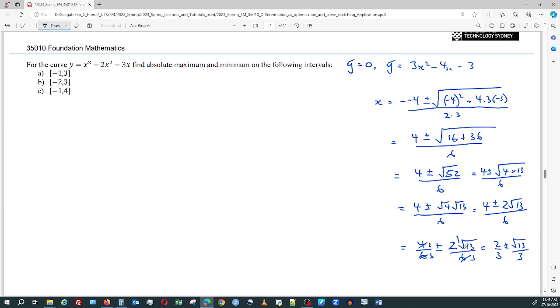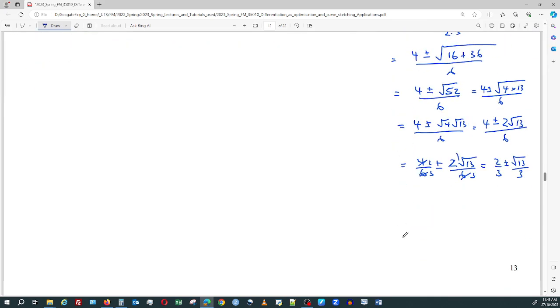So there are our two numbers where m is 0. M is 0 at 2/3 plus root 13 on 3, and it's also 0 at 2/3 minus. Now you can close the fraction if you want to. You don't have to leave the fraction out.